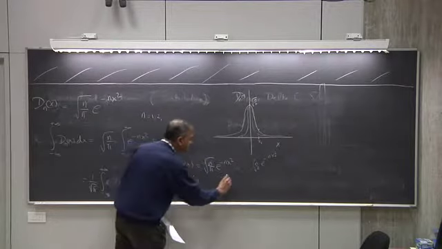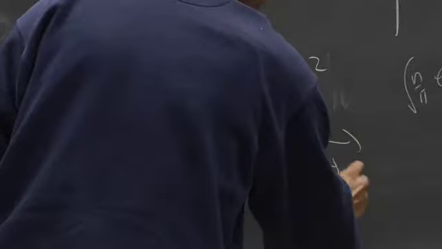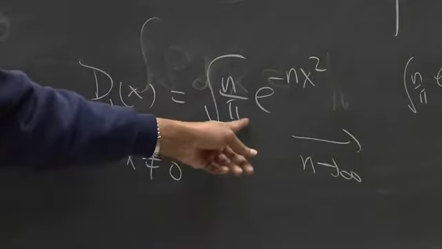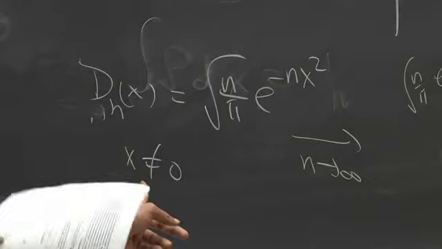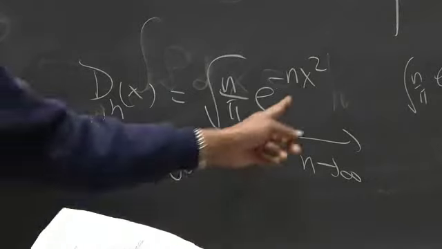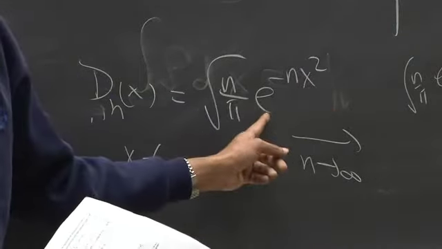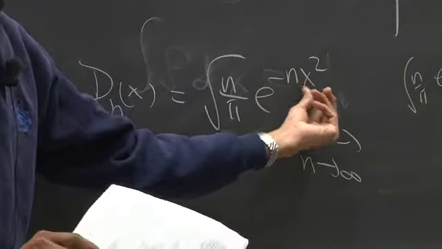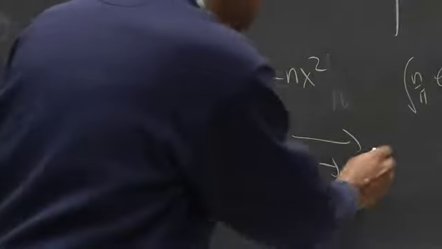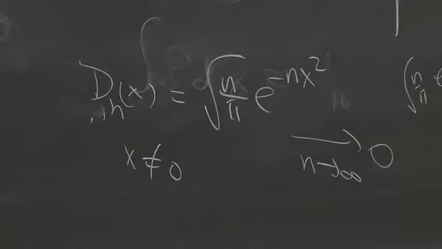Now you take the limit n goes to infinity. This becomes 0 for any non-zero x, that's the important point. Because if x is 0, there is no exponential suppression. But when x is not equal to 0, as n goes to infinity, this just goes to 0.